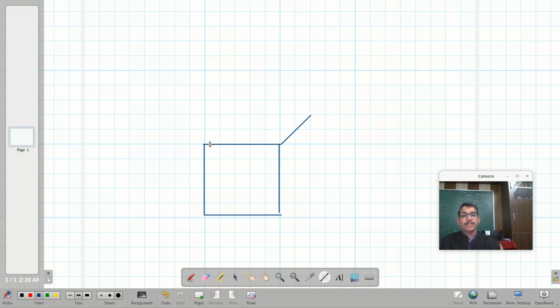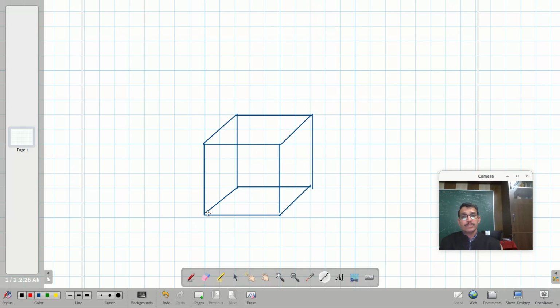This is one FCC lattice, suppose this is the body diagonal of it.